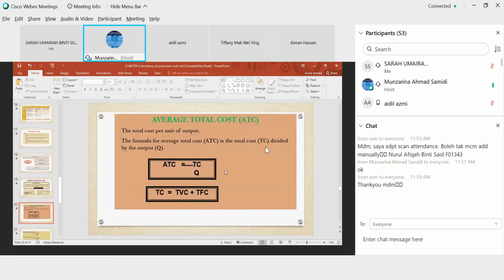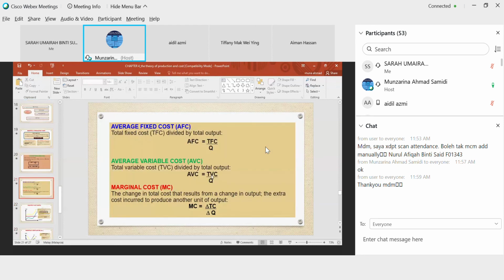Average means total divided by quantity. Here it is not divided by the input, but by the output. So average total cost is total cost divided by quantity, and total cost is total variable cost plus total fixed cost.